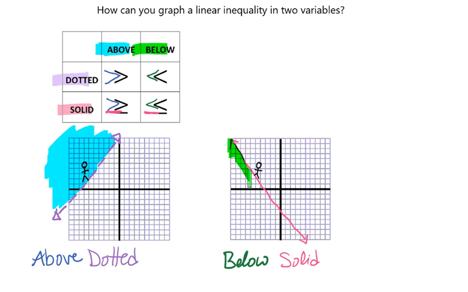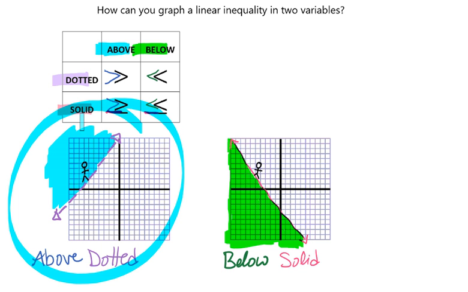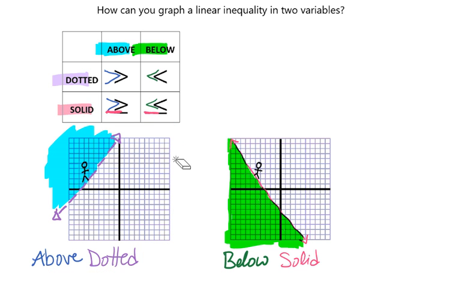So I'm kind of coloring the mountain. Now, when it is a solid line, that means the coloring can kind of be on the line. I usually don't color my line though, but it means my line is included in my answer. Whereas for the dotted line, in this situation here, my dotted line is not part of a solution.